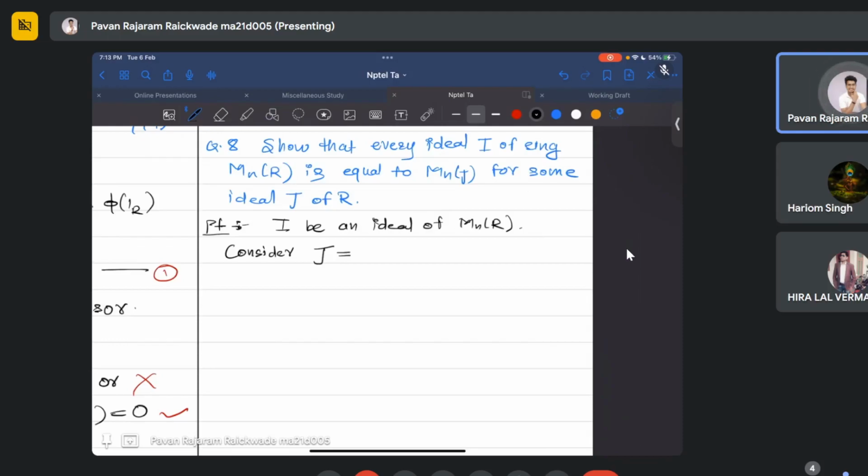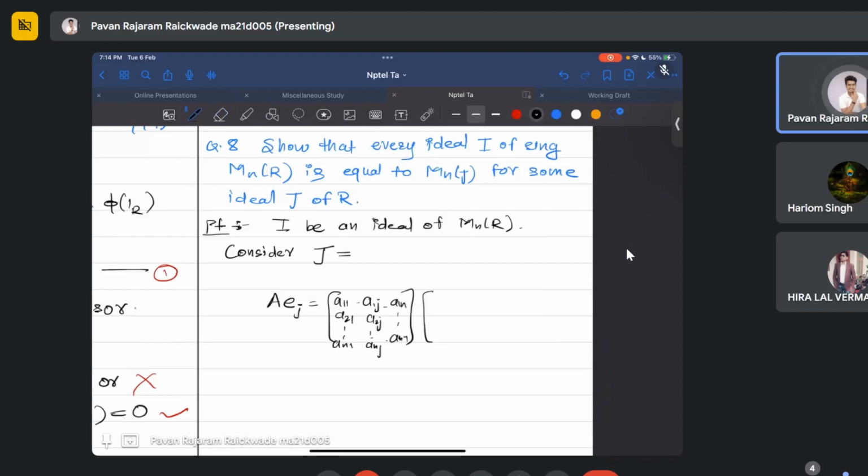How can you write this? See, if you have a matrix A and I multiply this matrix A with e_j, where e_j is a column vector with 1 at the jth entry and everywhere else 0. Let's say I write this matrix A like this: a_11, a_21, and so on, with a_1j, a_2j, up to a_nj, and the last column a_1n to a_nn.